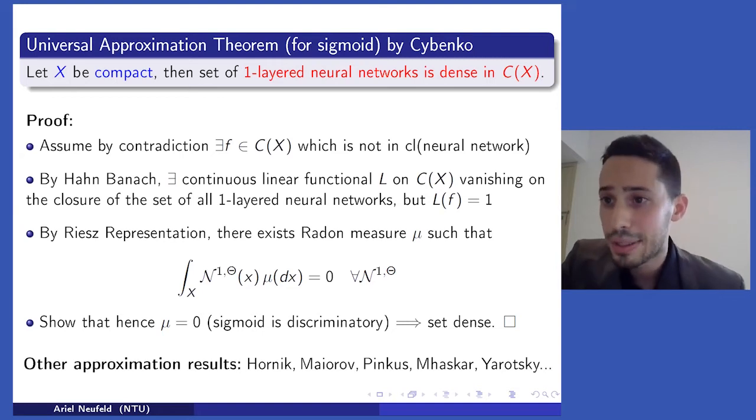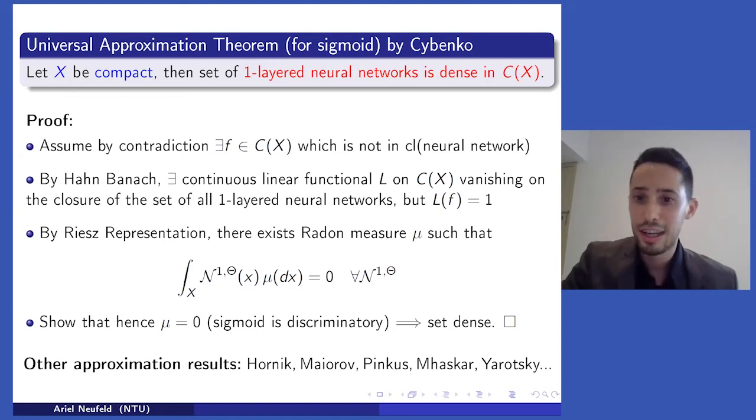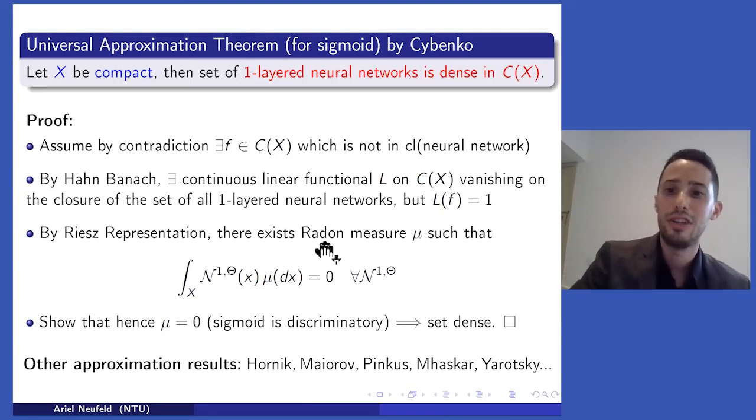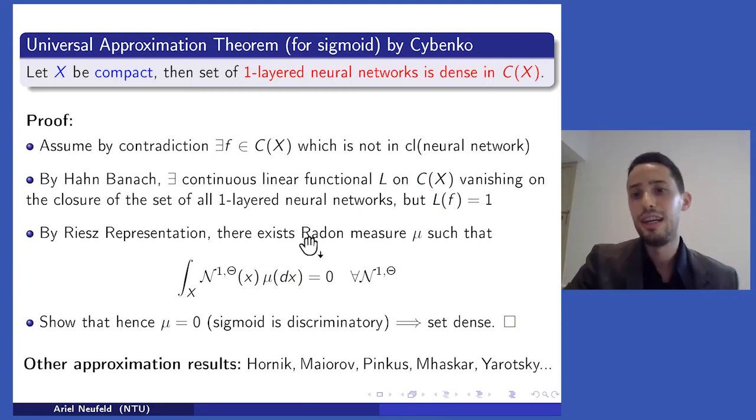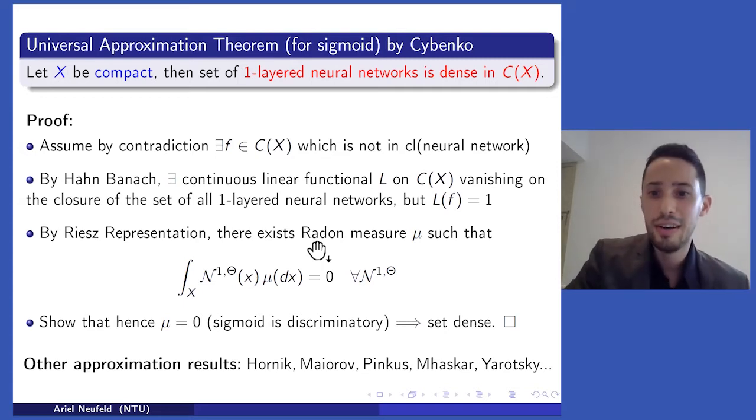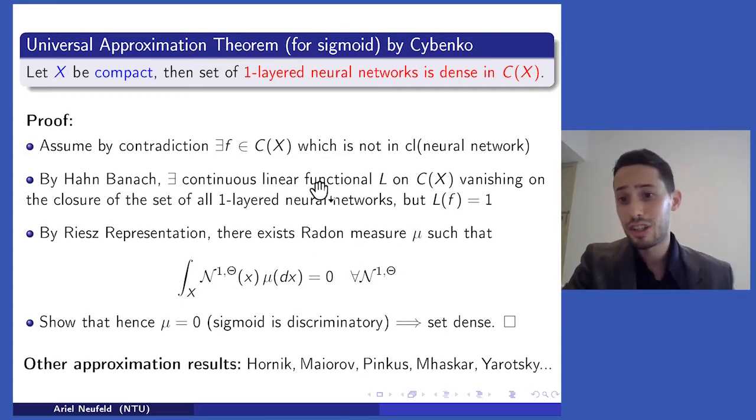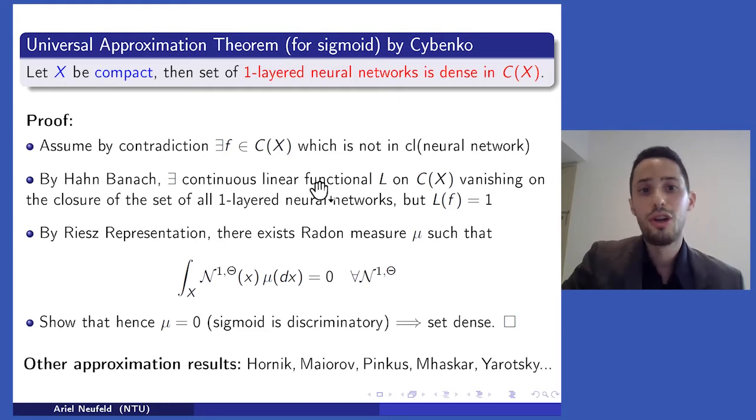Now you apply the representation theorem, which tells you that there exists a Radon measure for which the linear functional can be written as an integral. By the property that it vanishes on the closure of the set of all neural networks, this integral, applied to neural networks, has to be equal to 0.